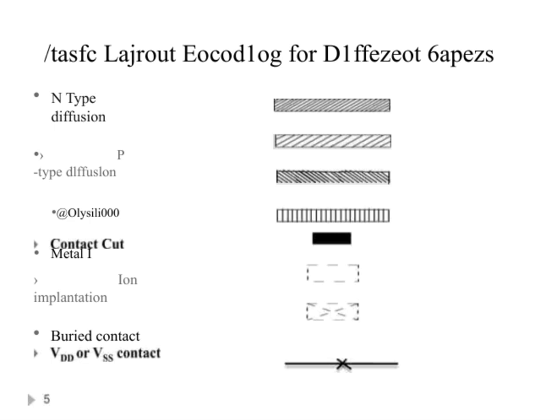Ion implantation is another critical process. It allows precise control over the doping by shooting ions directly into the substrate to modify its conductivity. Finally, the buried contact technique is used to form reliable connections beneath the surface, enhancing performance and density. Each of these processes plays a vital role in shaping the functional properties of semiconductor devices.